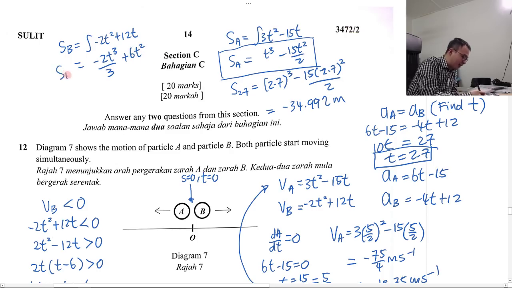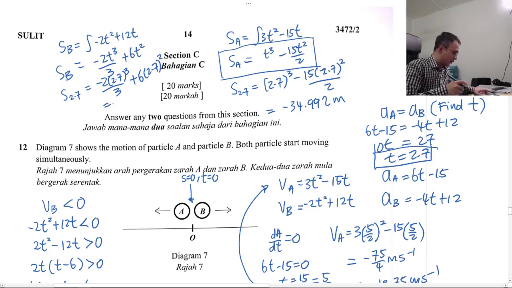I know in this case c is 0, so I will not waste time finding c, because when s equals 0, t equals 0, c will equal 0. Now I want to know what happens when I sub 2.7 into it. So I get negative 2 times 2.7 cubed over 3 plus 6 times 2.7 squared. I want to know their position.